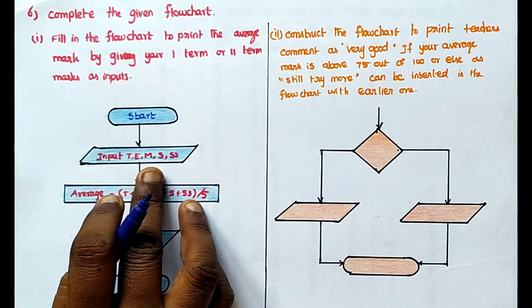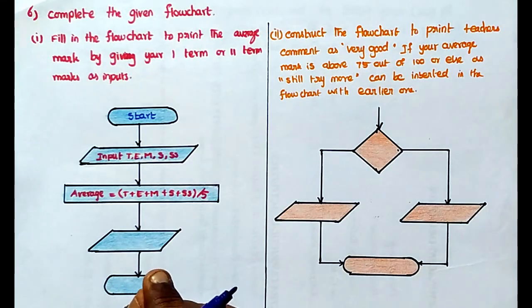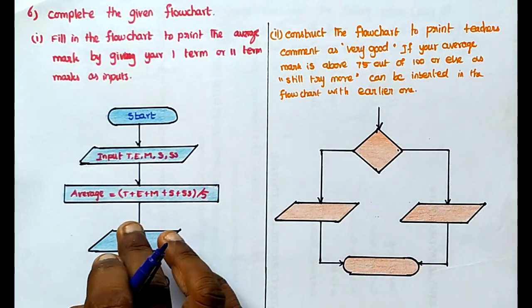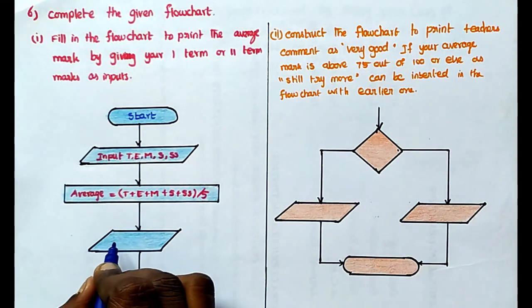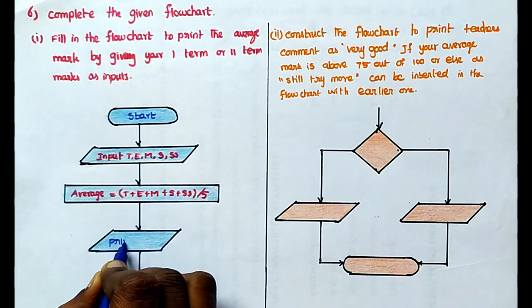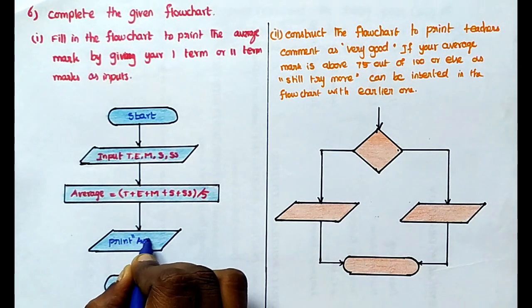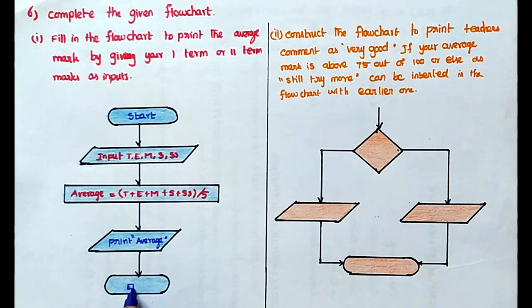Tamil, English, Maths, Science, Social Science. And then average. Average means how will you find out? Add the 5 marks and divide by 5. So here print average and then end.